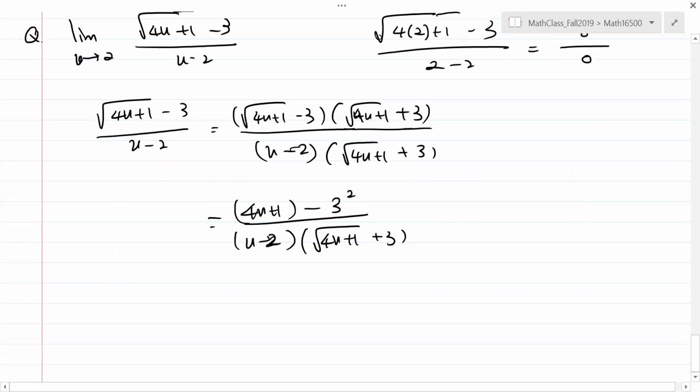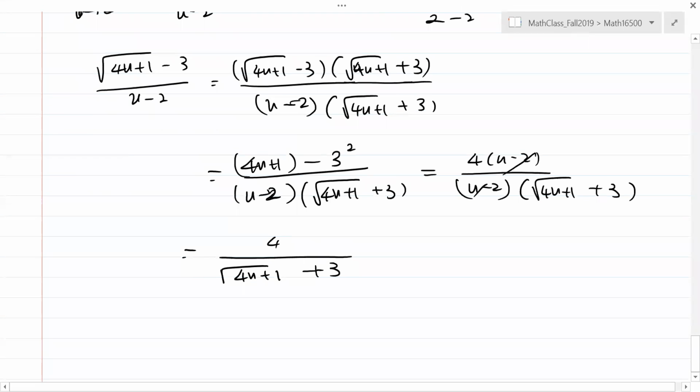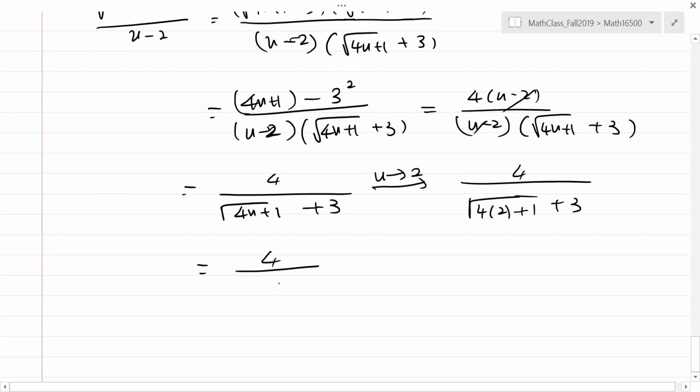So 4u plus 1 minus 9, the numerator is going to be 4u minus 8, okay, so u minus 2 is in it. Now you simplify. Now, if you want to find the limit as u approaches 2 from either side, then you just need to plug 2 for u into the formula. The final answer would be 4 over 3 plus 3, or 2 over 3.